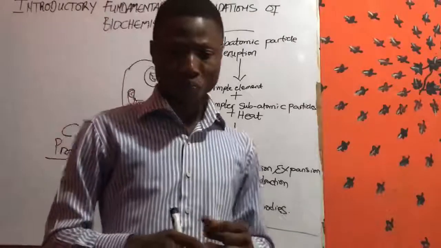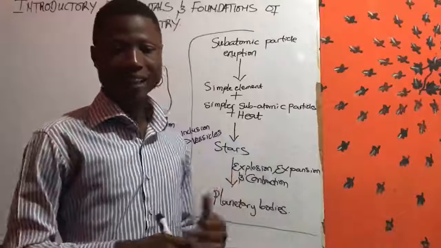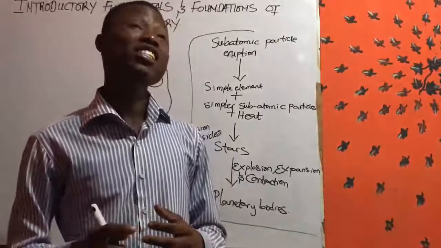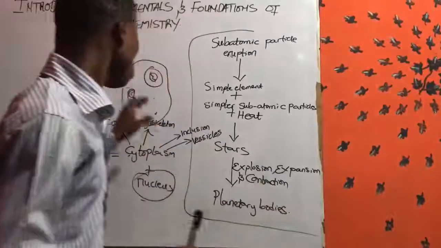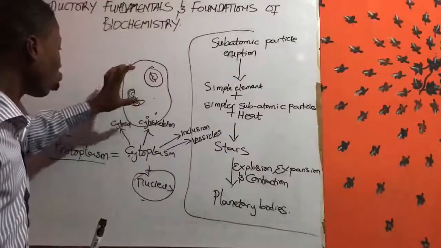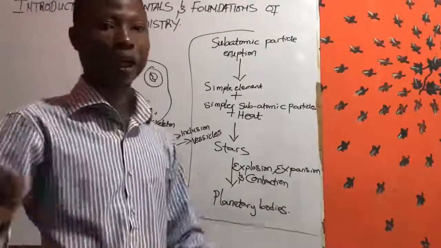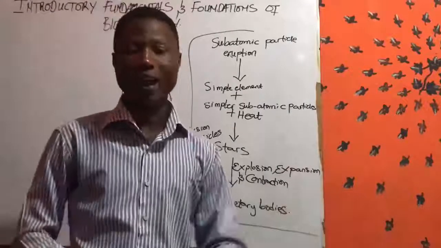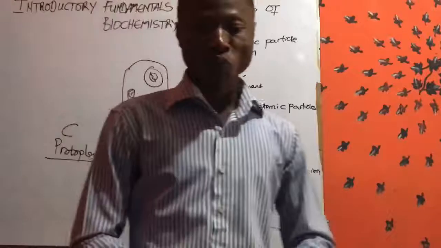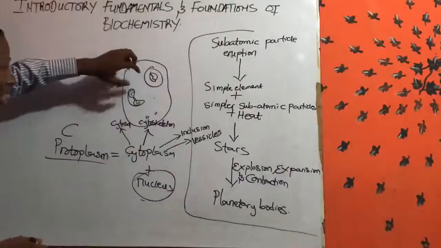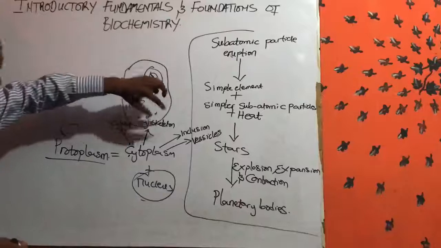Let's move on. The cytoplasm, like I said earlier, is organized. The structure and the content of the cytoplasm is not just flying anywhere, with anything just moving anywhere. No. Inside this cytosol, I have the cytoskeleton.